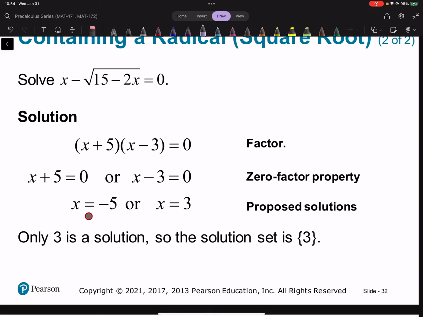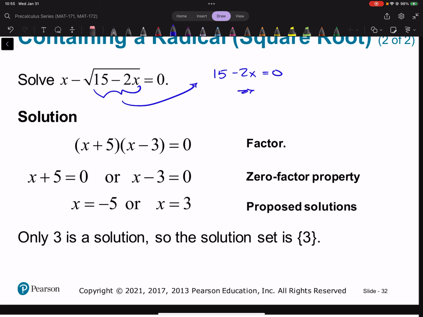Now, let's take a look at what's going on with the solution set. So we get proposed solutions of x equals -5 or x equals 3. Now, what you want to do is plug these into the original. Just kind of touching on a piece that we'll need later with domains. But when it comes to square roots, you can go ahead and set the inside equal to 0 and solve. And it'll let you know what the boundary point is.